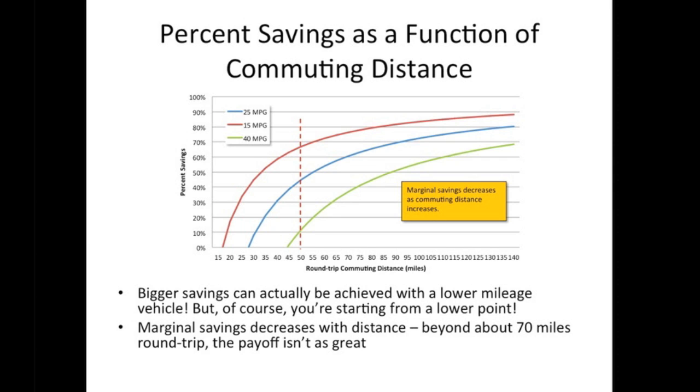But another interesting point is if your vehicle's fuel efficiency is low, like for example, the red curve represents a hypothetical vehicle getting 15 miles per gallon, your rate of savings using a carpool is pretty significant. So you basically get a little bit better bump if you have a less efficient vehicle. So that's one thing to be said for maybe using a van or something for a carpool.